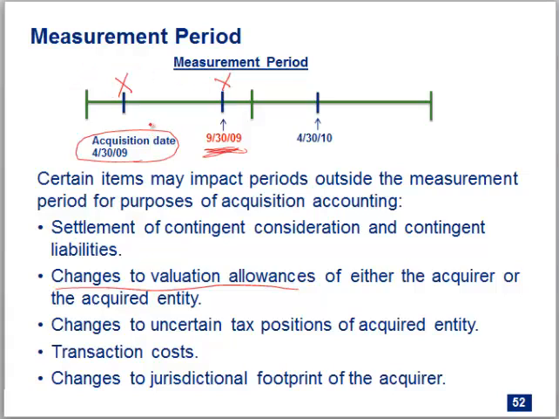What happens during the measurement period is only meant to be a clarification of facts that existed as of this date. Okay? So if you change your valuation allowance assumptions out here based on losing a big customer or something happening that's really unrelated to the acquisition date, that doesn't make it purchase accounting just because it happened within a year.